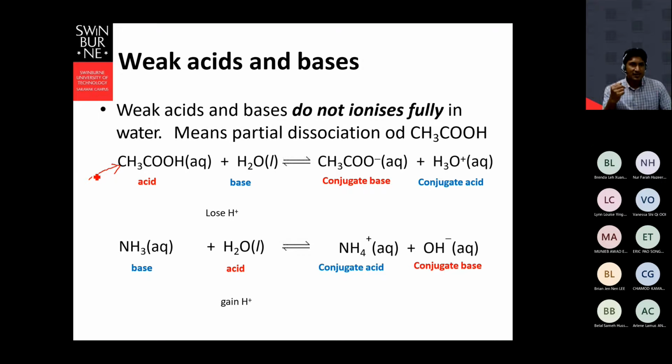Dissociate fully means, like HCl, 100% of it goes to hydrogen ion and chloride ion. But in this case, CH3COOH dissociates in this way into CH3COO- and hydronium ion. For simplicity, we can just put hydrogen ion for convenience of understanding.